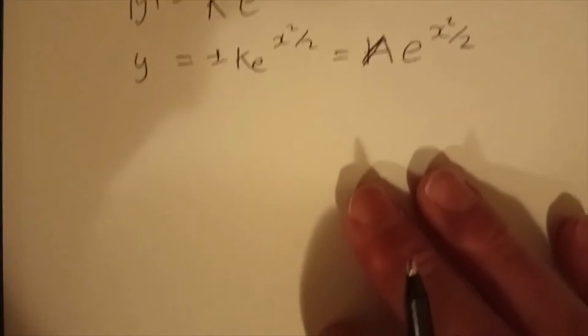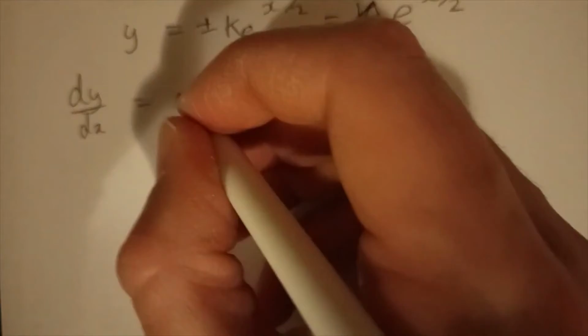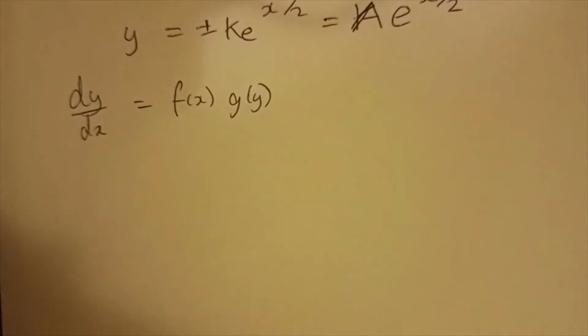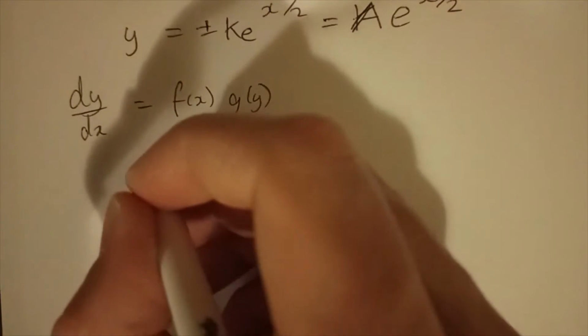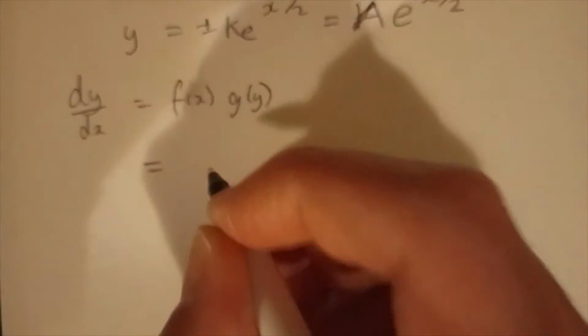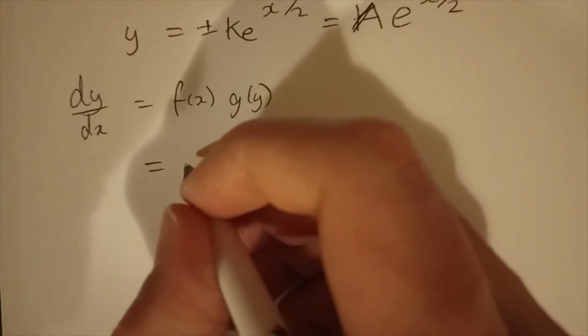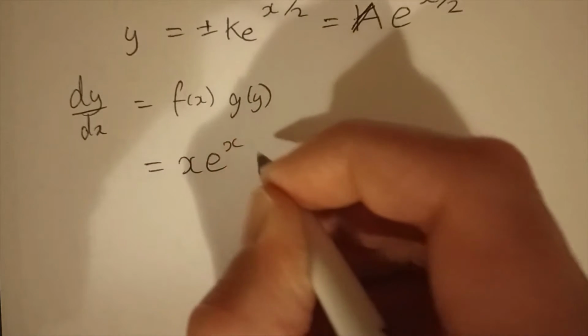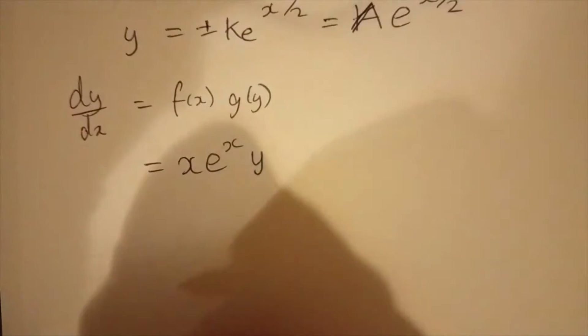Now we can solve more complicated differential equations of this form: dy/dx equals some function of x times some function of y. For example, I'll do a more complicated example now. So how about x times the exponential function of x times y.